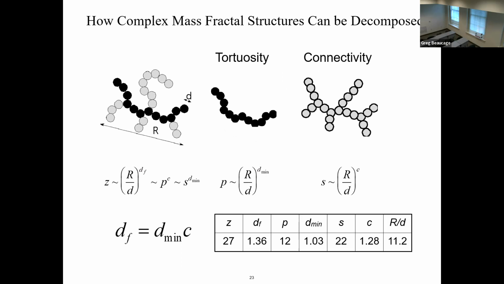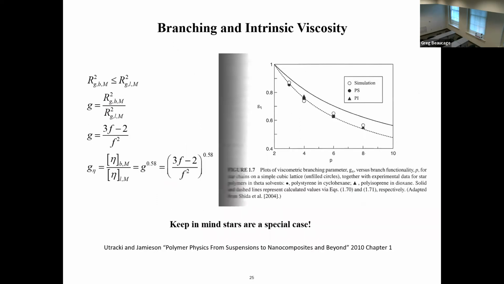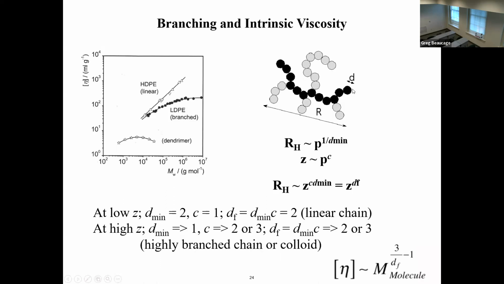Let's see. Yeah, we have branching to look at, but that's probably good enough. With branching, you can look at this in terms of a fractal model if you want to calculate what the fractal dimension would be as the branching increases. Then you can predict this behavior of low density.